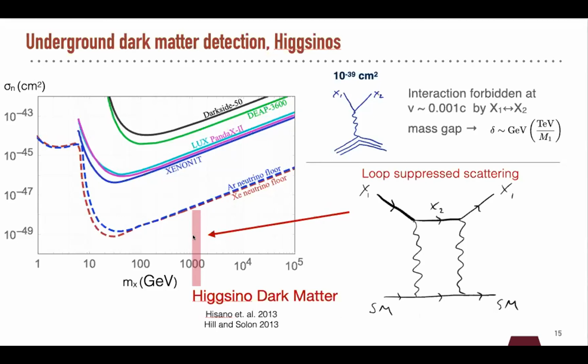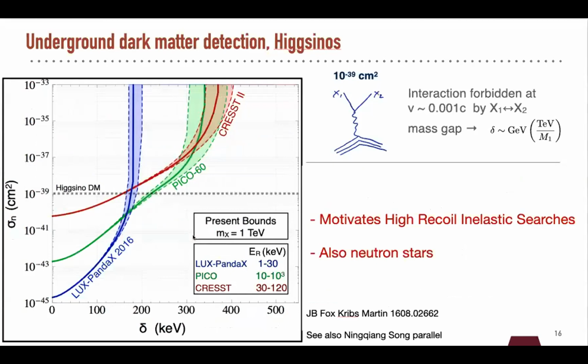So depending on what your inelastic splitting is, this motivates a different class of searches. Specifically, it motivates high recoil inelastic searches. This is something I looked into with some collaborators back in 2016. And we showed what the state of affairs was. At the time, you could think about placing limits on inelastic splittings between Higgsino states of up to a few hundred keV.